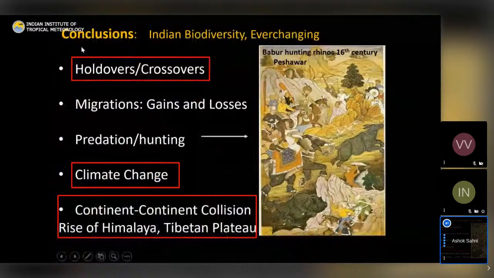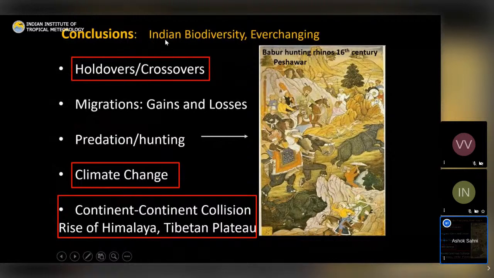Now, I just want to conclude. Basically, I've tried to show you that Indian biodiversity is ever changing because India is in a dynamic mode and it has gone through a number of climatic zones, and therefore it's very difficult to stabilize biodiversity here.